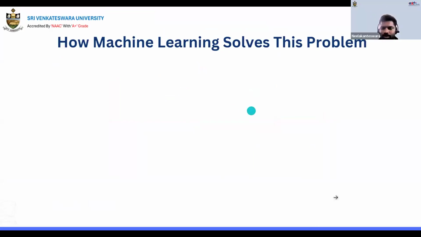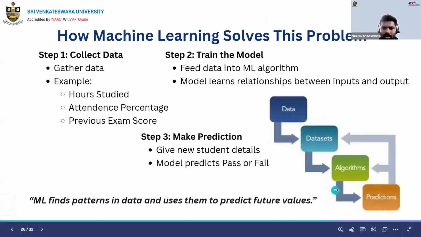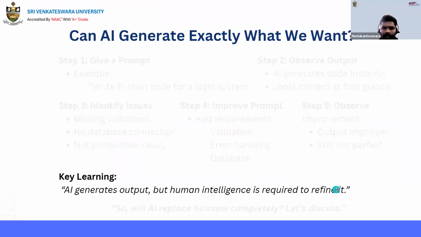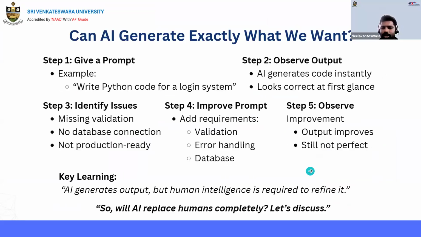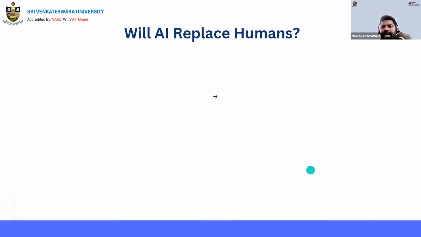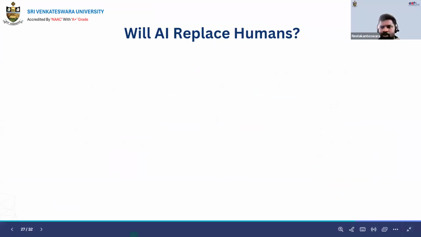And our next question is: will AI replace humans completely? That is about whether we are going to predict things or not.